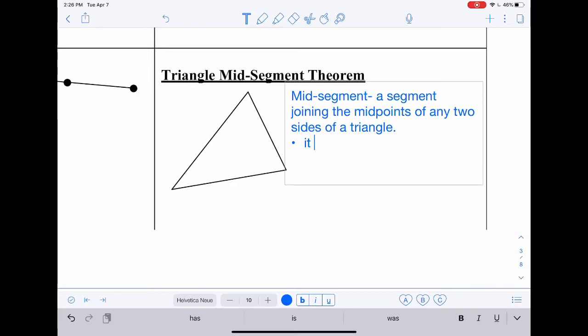And as we proved in the previous problem, a mid-segment is parallel to and half the length of the third side.